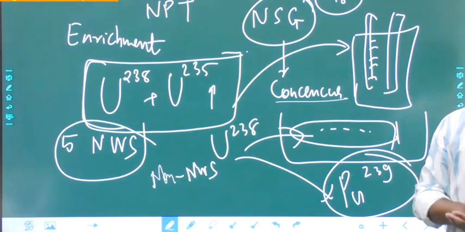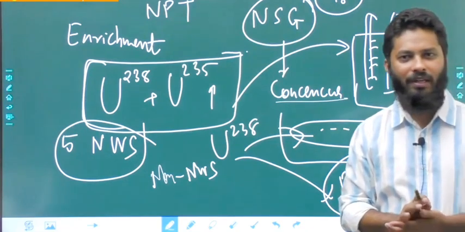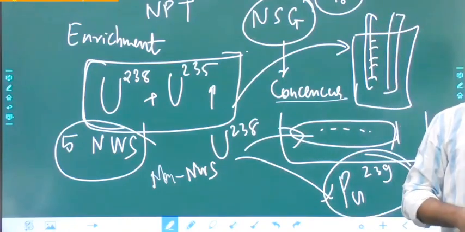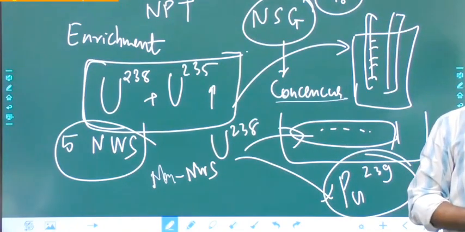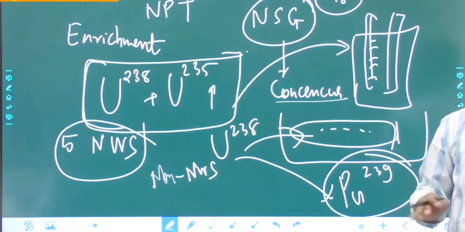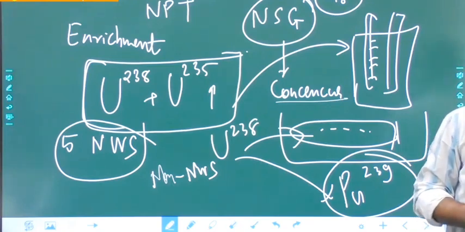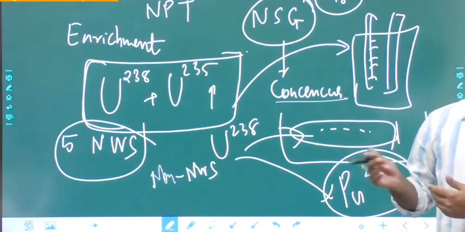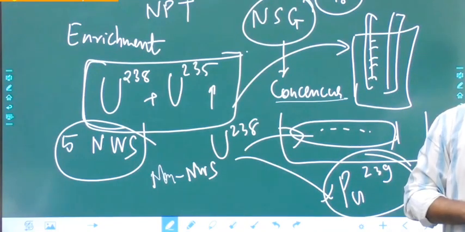India has not signed NPT. No Prime Minister in India till now, be it Vajpayee ji or Manmohan Singh ji or the current PM Mr. Modi, has said even once that we will sign NPT. But it is a hurdle, because if you want to get a membership of NSG, you have to sign NPT.